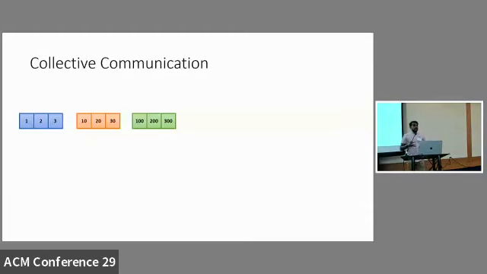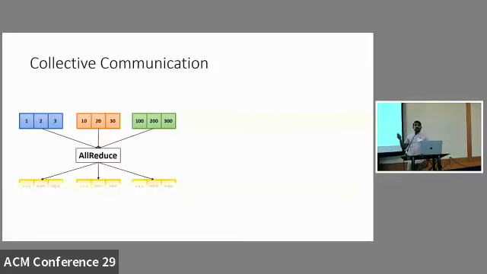In ML workloads, communication happens through what are called collective communications, where a bunch of GPUs come together to collectively perform the same operation. Here is an example. Let's say we have 3 GPUs, each with their buffers. You might want to do what is called an all-reduce operation, where you compute the sum of all these buffers, and you want all the GPUs to have the result.